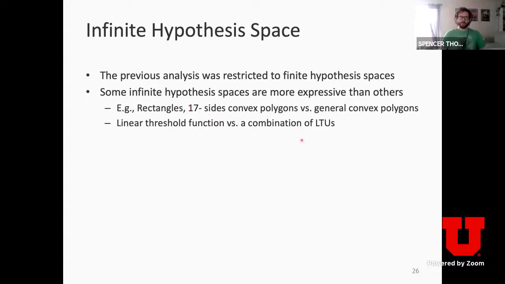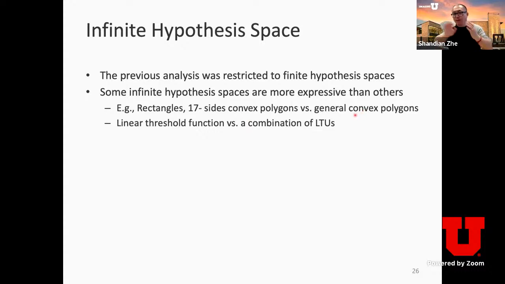So the general convex polygons are probably more expressive because I can have more permutations of shapes than rectangles and 17-sided polygons. Yes, very good. According to our intuition, every rectangle and every 17-sided convex polygon belongs to the general convex polygons.